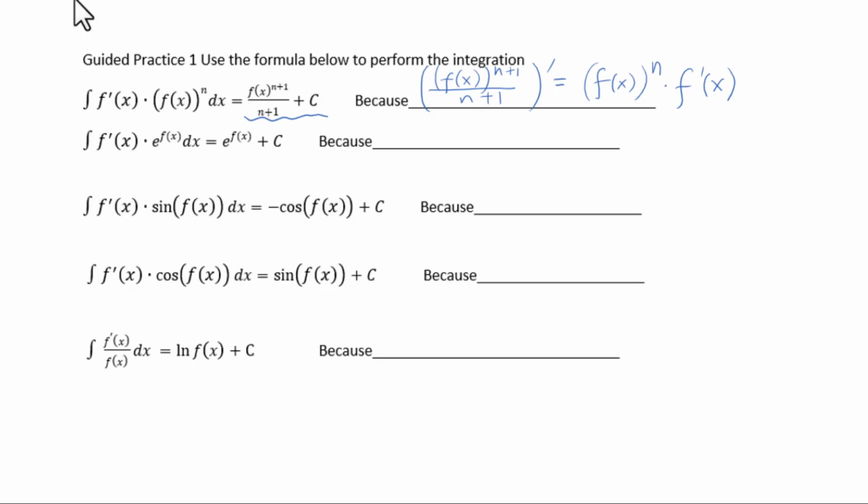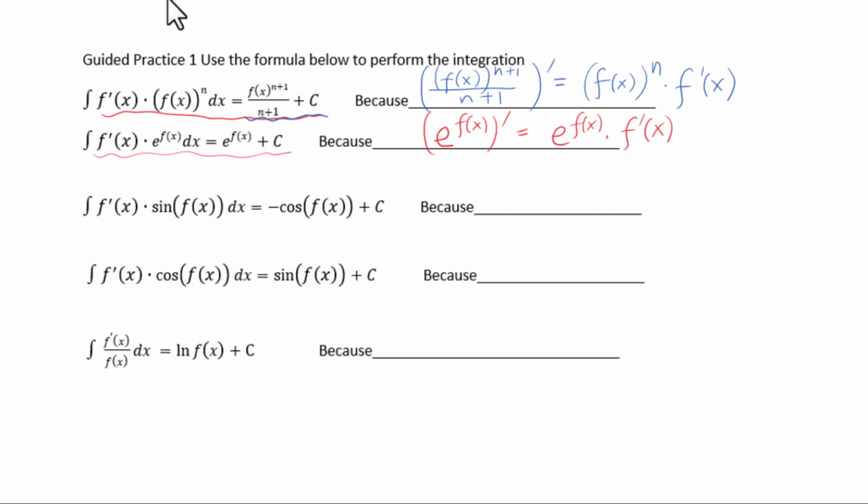Then on both sides we do the integral, and we will get this formula. For the second formula, because e to the f of x power, prime, equals e to the f of x power times f prime of x, then you do the integral on both sides, and you will get this formula.